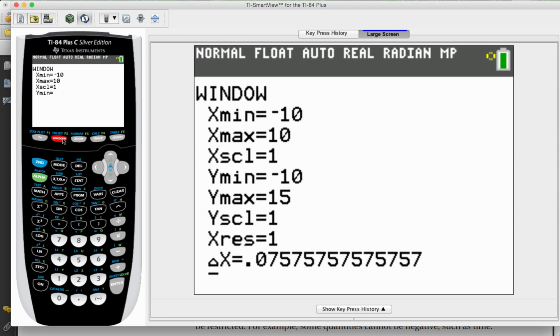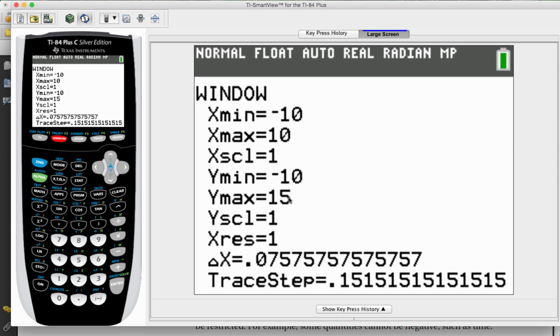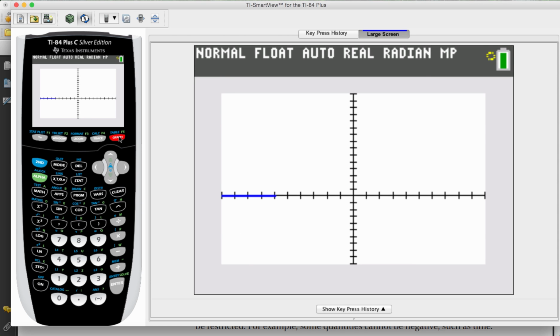I'm going to go back to my window. I want to make sure everything's the way that I want it. I think it is. I'll hit graph. And as weird as this looks, that's y equals 2 to the x. So that is not linear. It is a function, because if you do the vertical line test, it only hits once, but it's not linear.